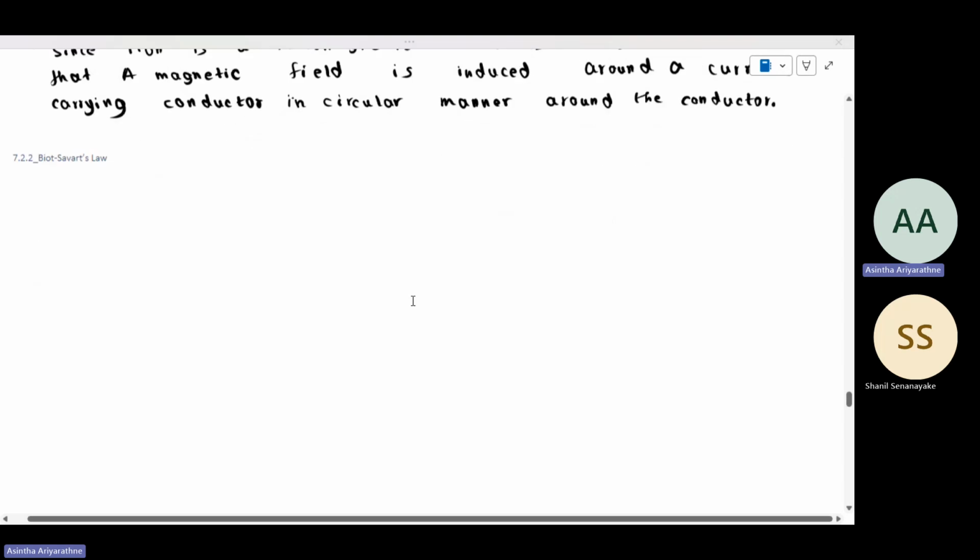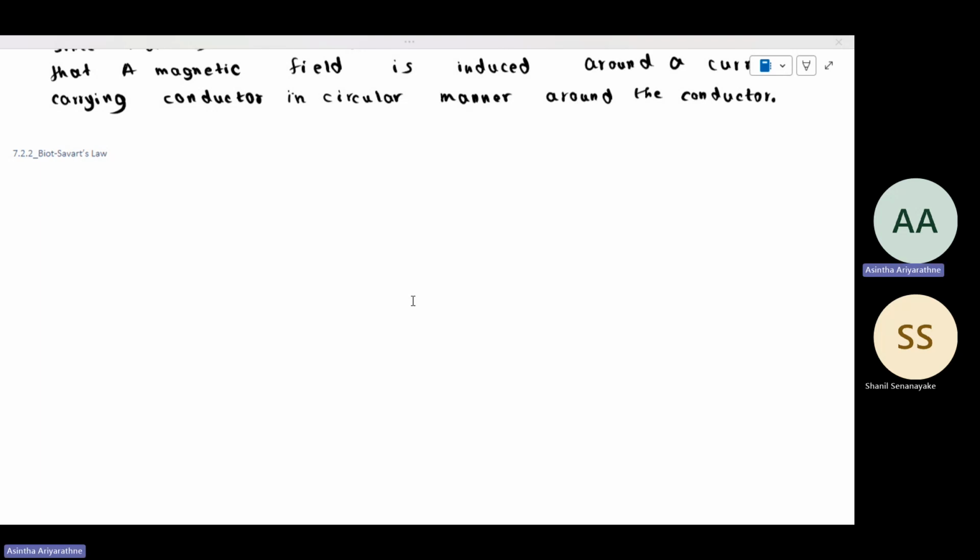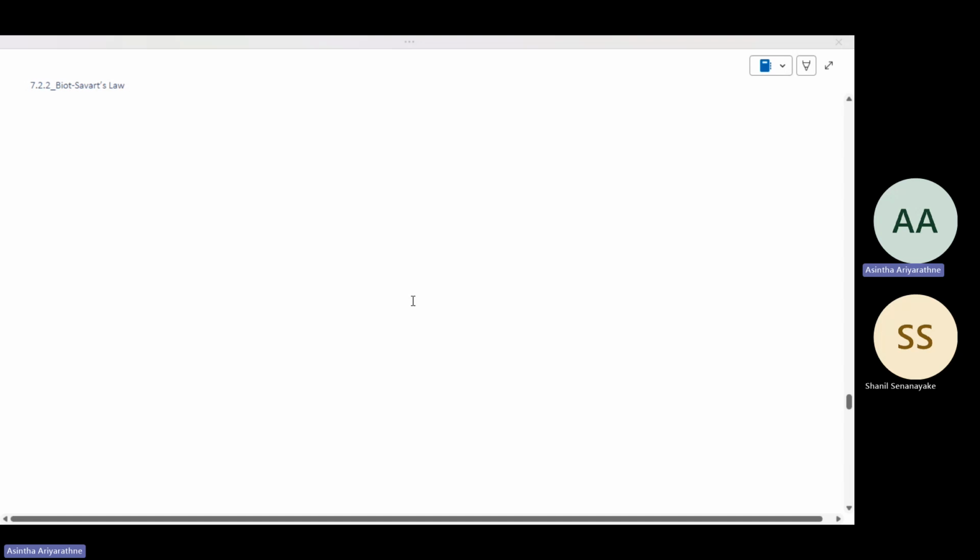Right. Then let's move on to Biot-Savart law. This is the basic principle, like Gauss law. We learned Gauss law is the basic principle to find the electric field intensity. Likewise, here the Biot-Savart law is the basic principle to find the magnetic field intensity, magnetic flux density, around different shapes of current carrying conductor.